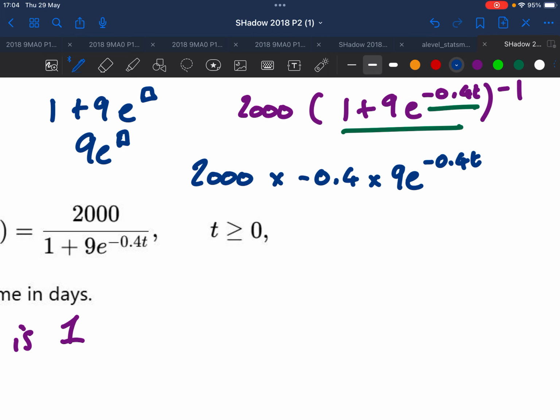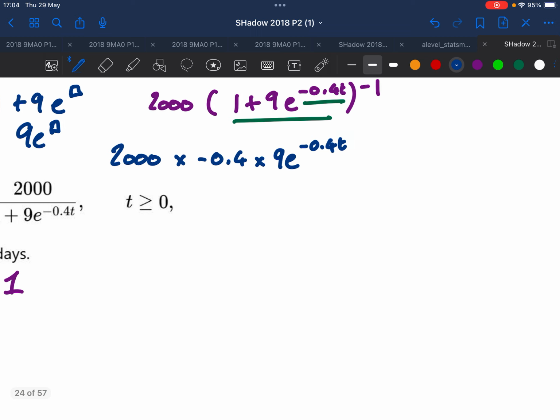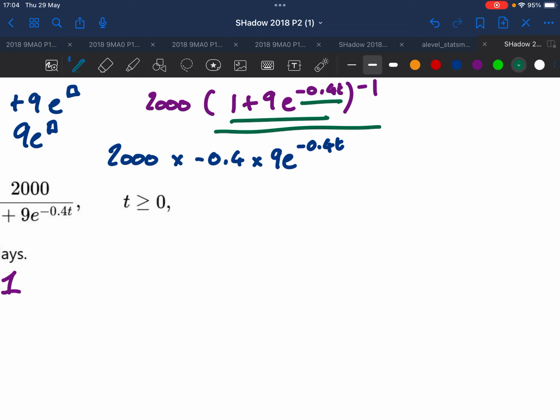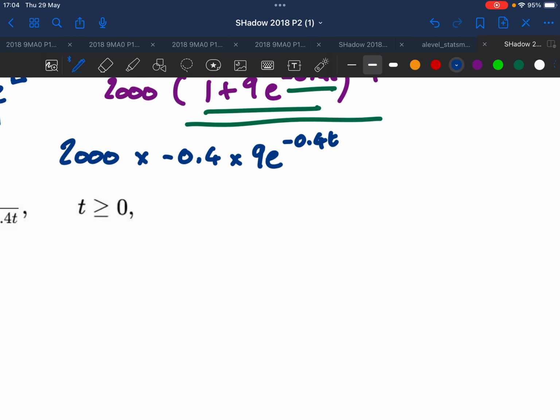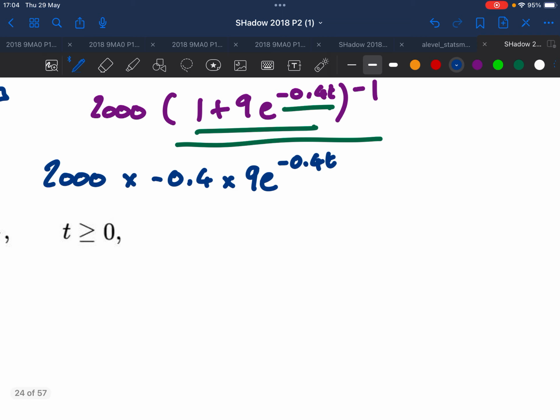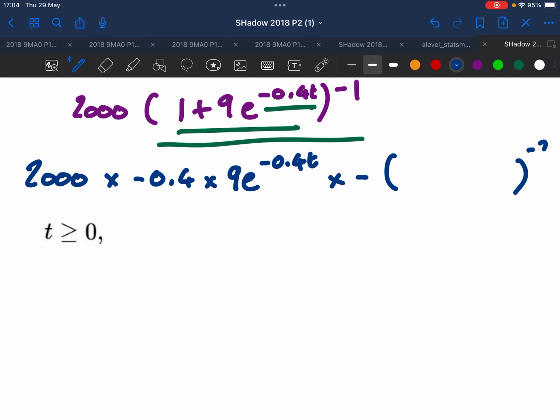We just fill in whatever it was before. And then finally, you've got the whole bracket to the minus 1. So when you differentiate a bracket to the minus 1, that's going to become a minus bracket to the minus 2. And again, you go back and you fill in whatever was in that bracket, which is the following.